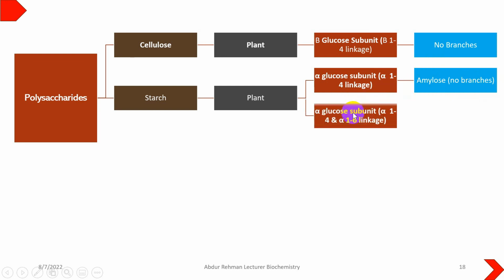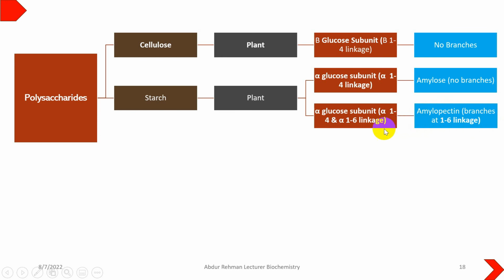However, if there are both alpha 1,4 glycosidic bonds and alpha 1,6 glycosidic linkages and branch points, then it is known as amylopectin. A point to remember is that at a branch point there will always be an alpha 1,6 glycosidic bond.